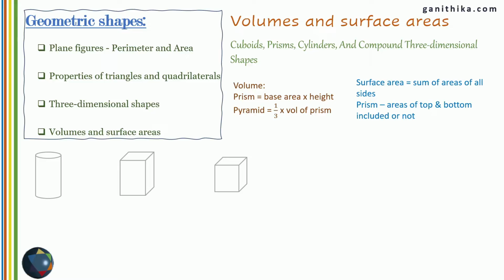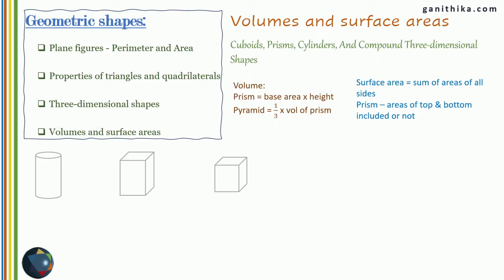But if you have a tube type of cylinder where both the top and bottom are open, you will not add the areas of the top and bottom for surface area. There are cylinders that look like a can where the bottom is closed but the top is open. So in this case, you will add only the bottom area, right? So for surface area of prisms, you have to be careful which part of the prism is open or closed. So take a note of this in your notebook now.